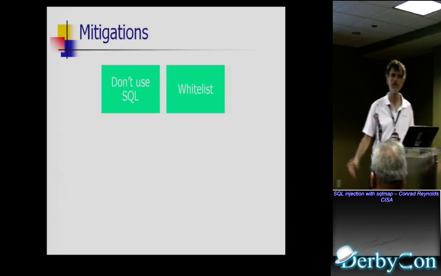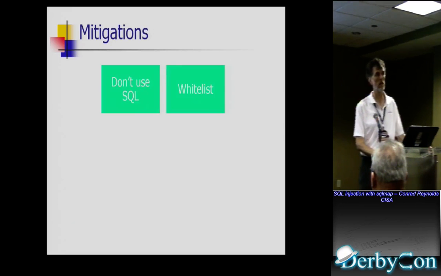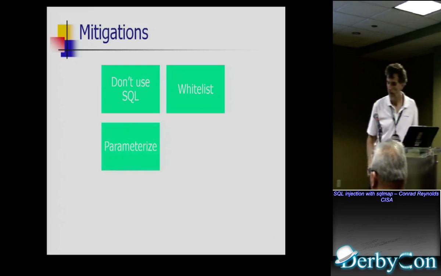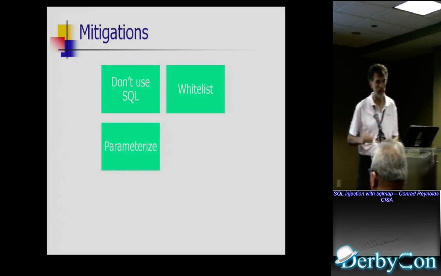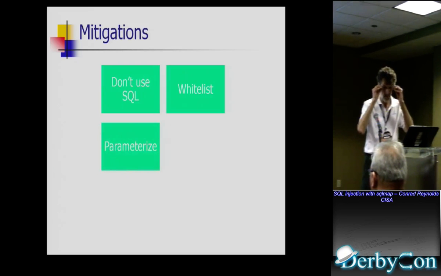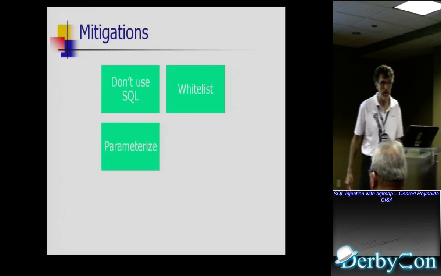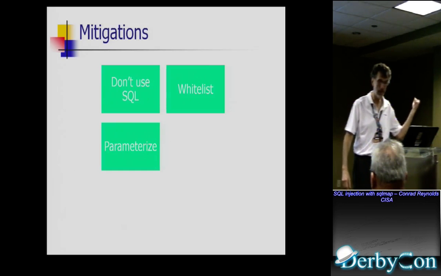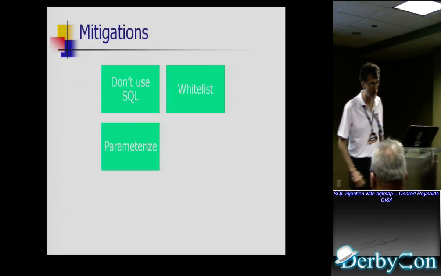Whitelist. Always a great idea, particularly with SQL injection. Very handy. Check what's supposed to come in. Don't allow anything that isn't supposed to be there. Parameterization, again, helps. Not guaranteed. If somebody takes a bad SQL statement and just cuts and pastes it, it's still going to be a bad SQL statement.